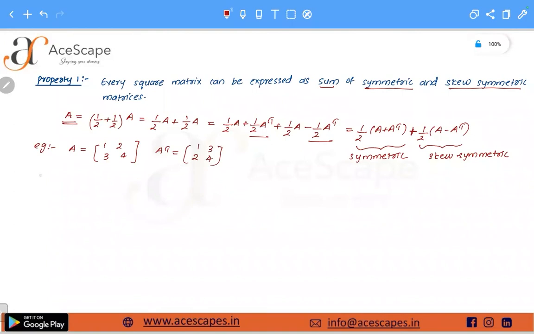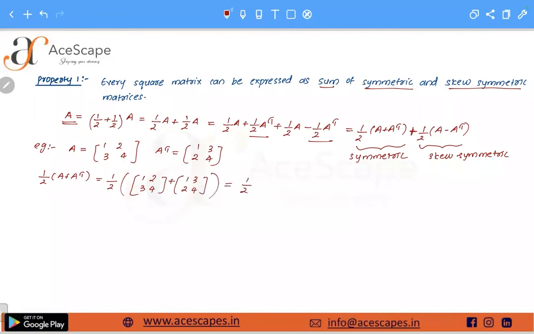Now, if I am calculating half of A plus A transpose, which is half of what is A? [1, 2; 3, 4] plus A transpose [1, 3; 2, 4]. When we add two matrices, we do the element-wise addition.